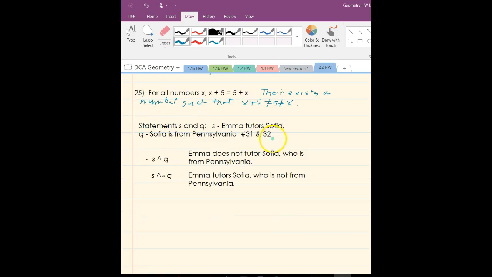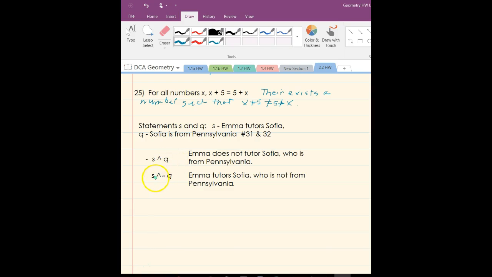Problems number 31 and 32. Statements S and Q. The statement S is Emma tutors Sophia. The statement Q is Sophia is from Pennsylvania. They give us two statements: not S or Q. The other statement is, not S and Q. So this is a conjunction.